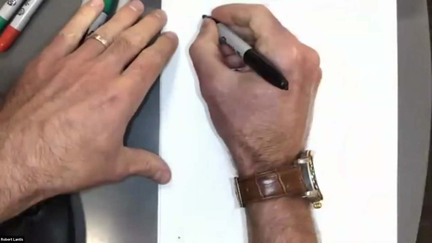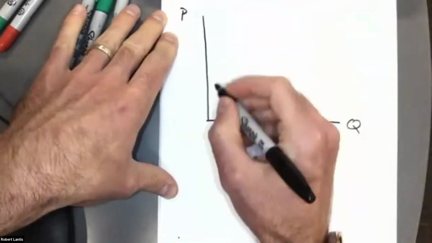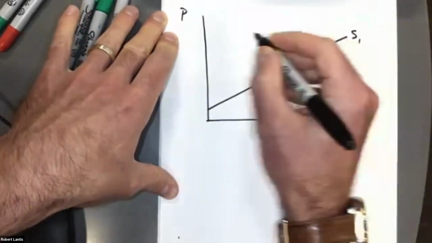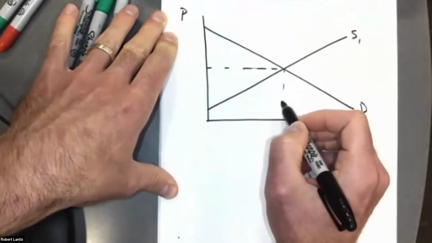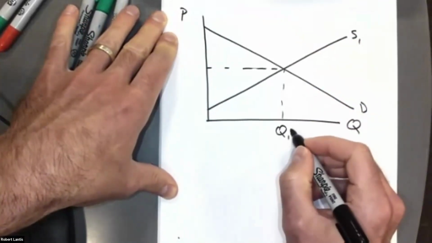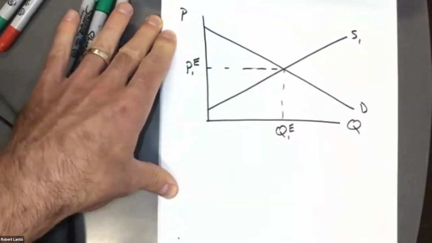So what if instead we have a scenario where I'm looking at, here's my initial supply curve, here's my demand curve, where does supply equal demand? Here's my initial equilibrium price and quantity.